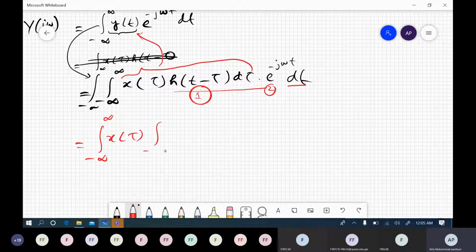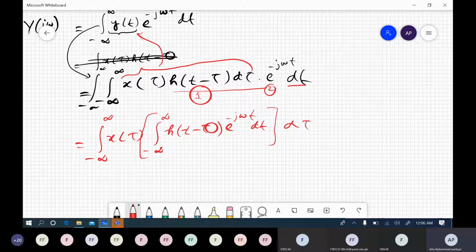What is associated with this dt is the integral from minus infinity to infinity of h of t minus tau e to the power minus j omega t dt.